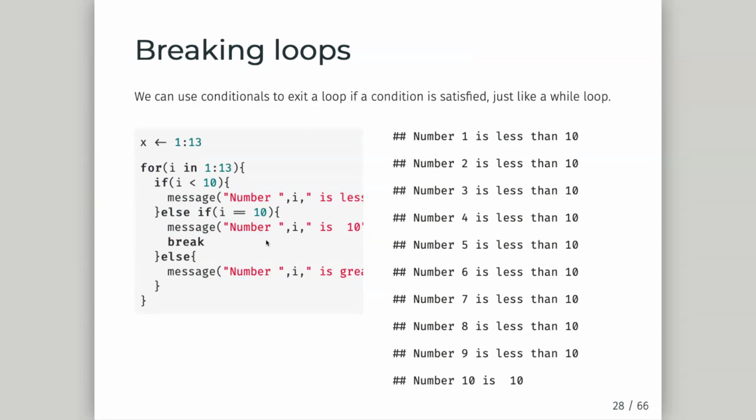Actually, it has no arguments, right? So we just type in break here. And in this case, once we get to this line, which will happen when i was 10, it's going to exit the whole loop. Right? So it's no longer going to continue to evaluate. It just stops. Okay. So here we get to 10. It should continue through 11, 12, and 13, but because it met this break, it's just over.